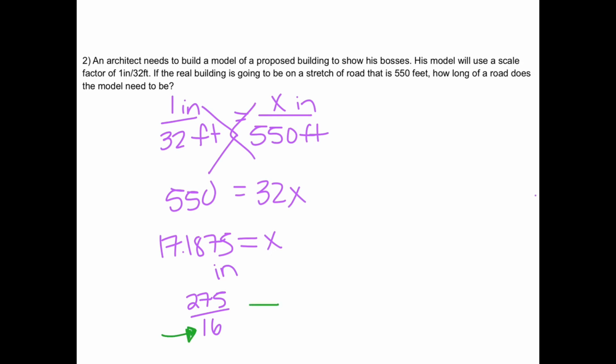So I'm simplifying it down to a mixed number because that's how we would actually be measuring it on a ruler. This ends up being 17 3/16 of an inch, and that's how long the roadway would be in the model.